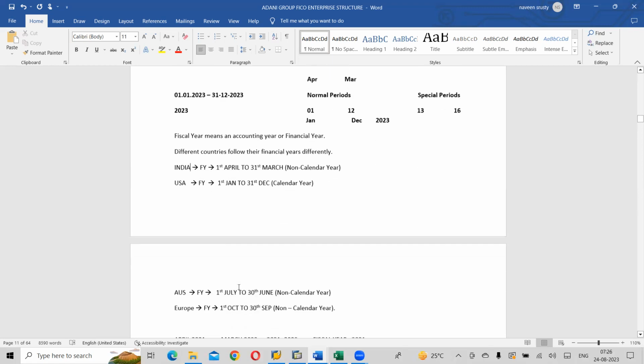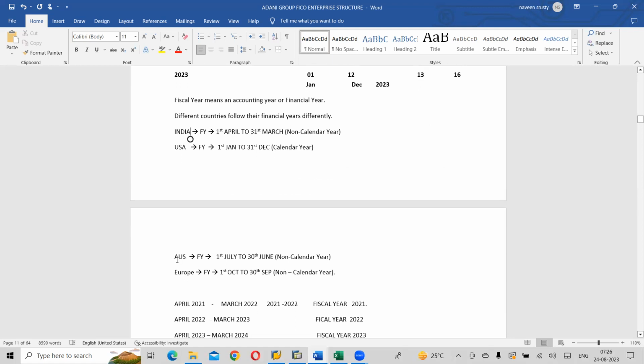Okay. And at the same time, Australia, fiscal year from 1st July to 30th June. Non-calendar year. Europe.